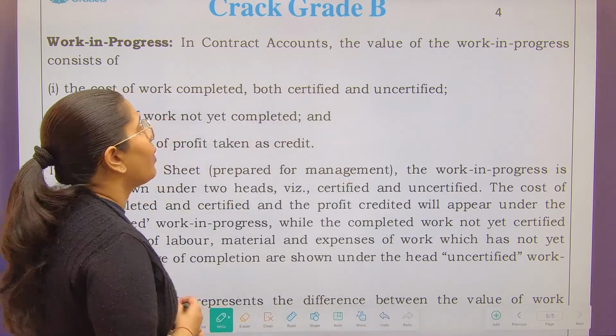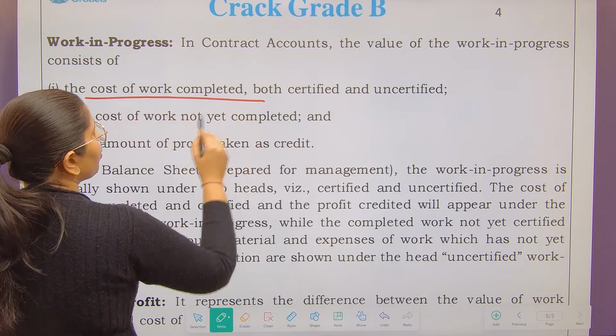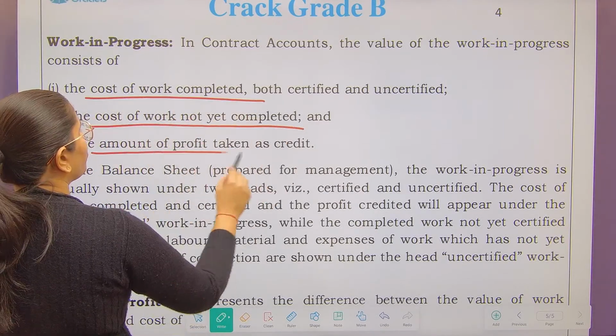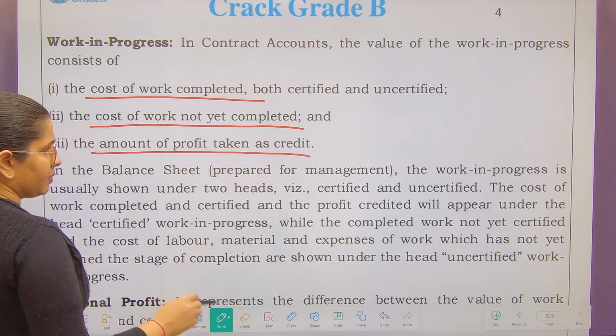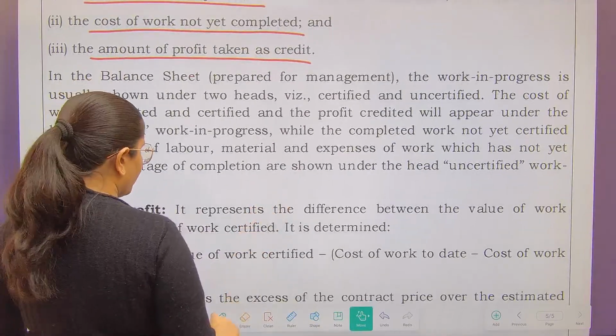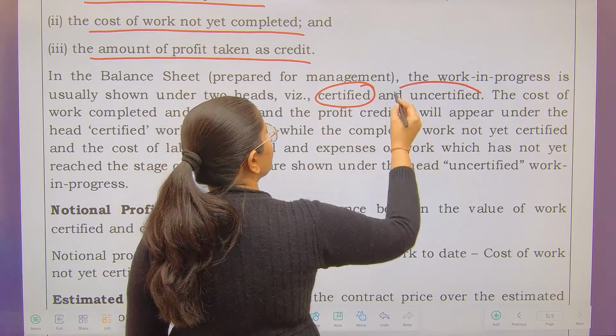Now let's see value of work in progress, how to find out. It consists of cost of work completed, cost of work not yet completed and the amount of profit taken as credit. So work in progress is usually shown under two heads, certified as well as uncertified.